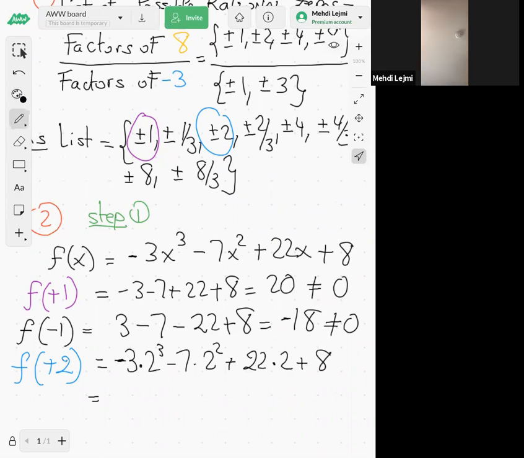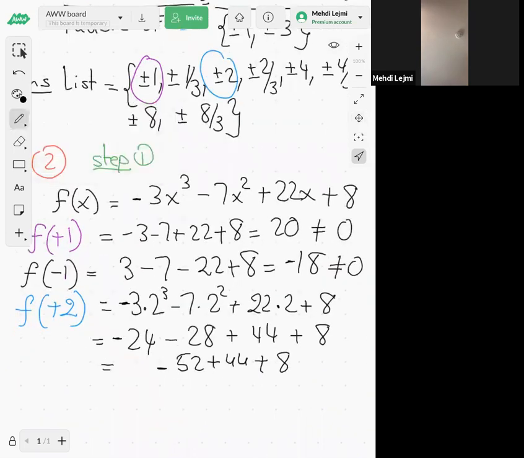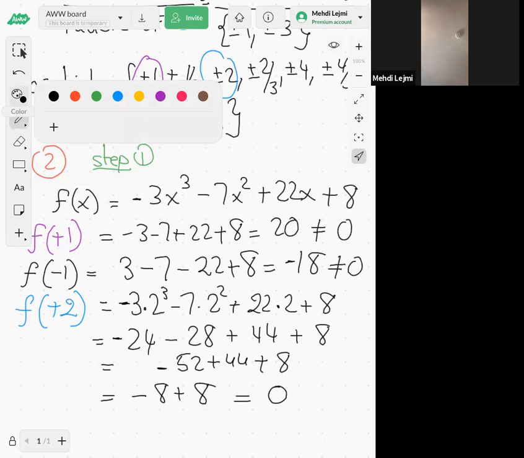Negative 3 times 8 is negative 24. 2 squared is 4, times negative 7 is negative 28, plus 44, plus 8. Negative 24 minus 28 is negative 52, plus 44 is negative 8. Negative 8 plus 8 is 0. You see here, I got my 0.